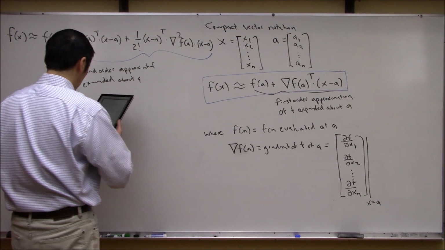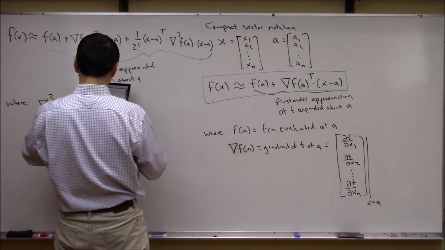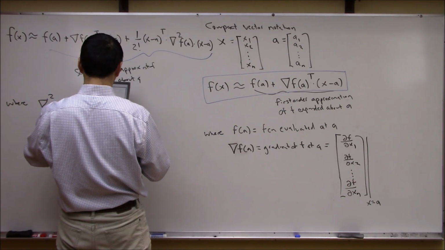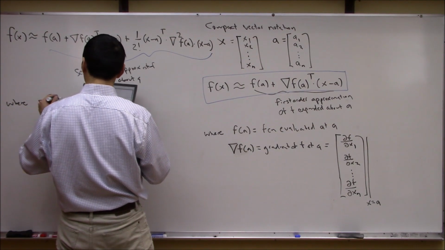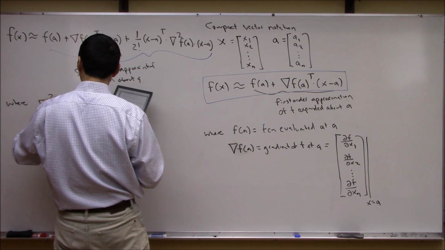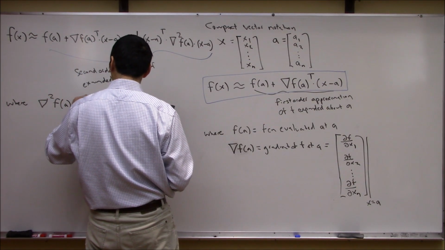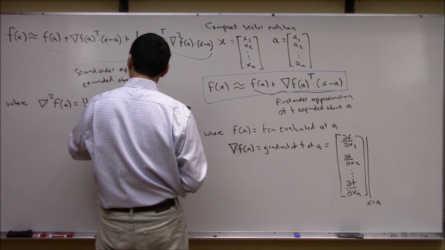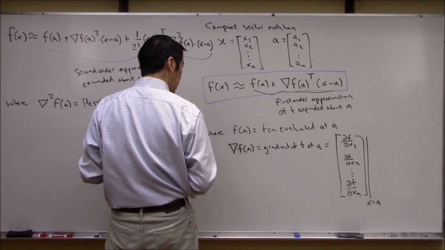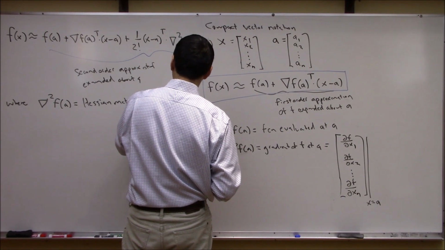This is the Hessian. There's del squared f of a, right? This is the Hessian matrix, evaluated at the point a, okay?